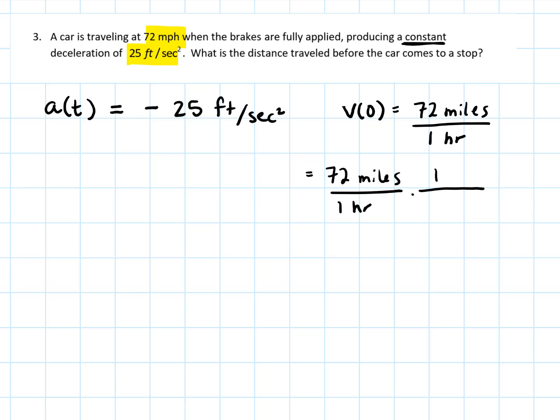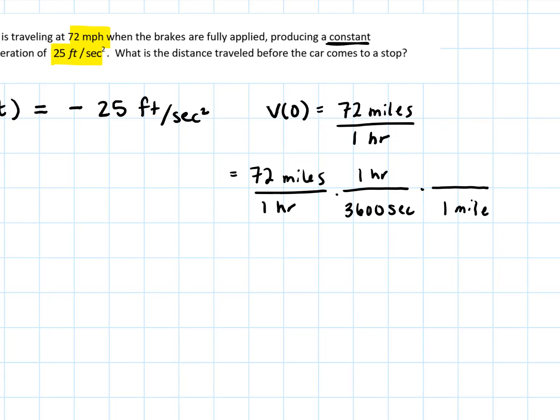We have to convert the hours into seconds. So in 1 hour, there are 3,600 seconds. And we also have to convert the miles into feet. So in 1 mile, there are 5,280 feet.